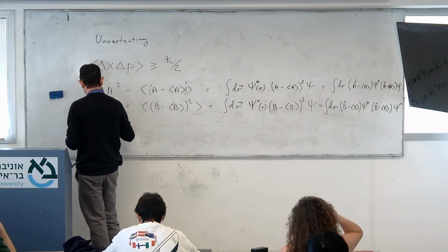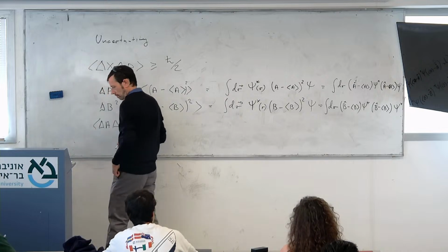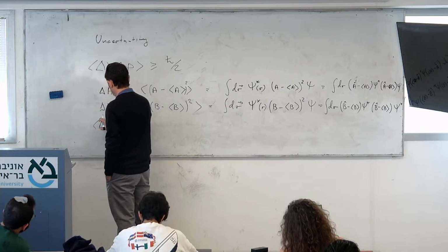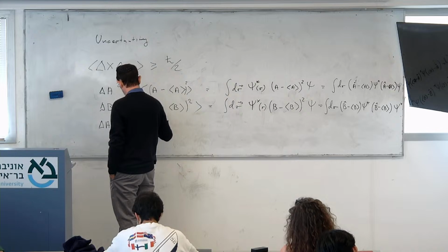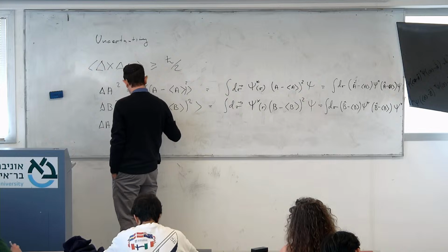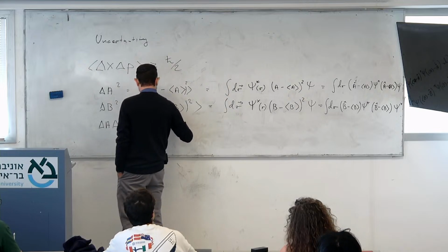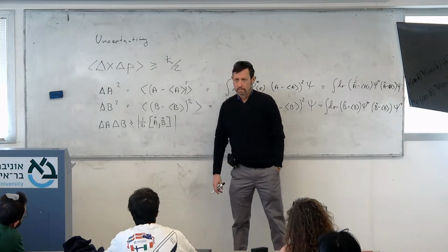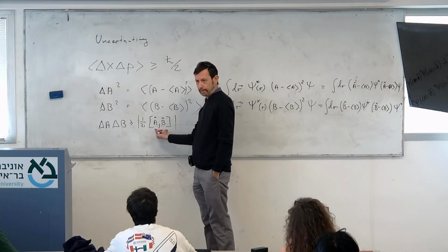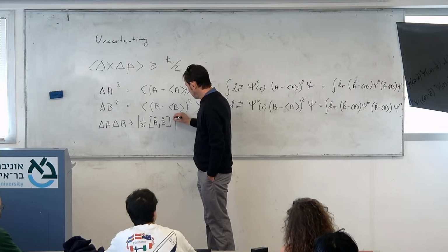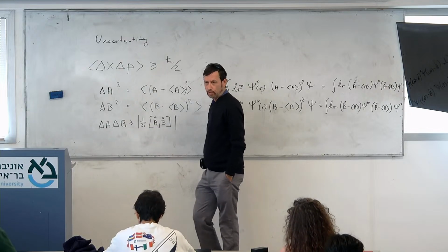Okay, now so what's written there? The commutation relation AB minus BA, one over 2i, we'll see why is that.